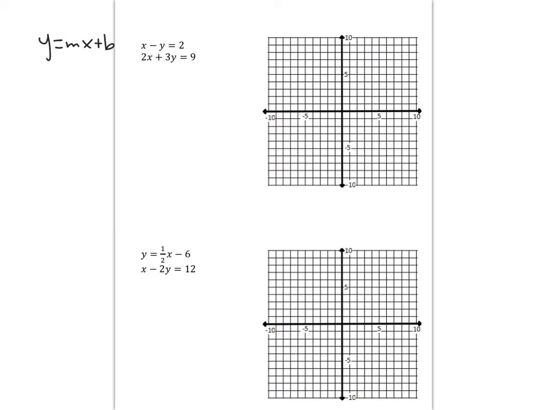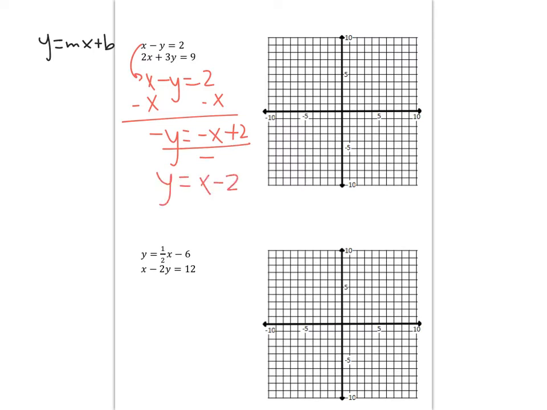So if I rewrite this first equation, x - y = 2, and I want to get y equals, I'll subtract x from both sides and then divide everything by a negative, so y = x - 2. I'll go ahead and graph that equation and go down 2 units, up 1 over 1.